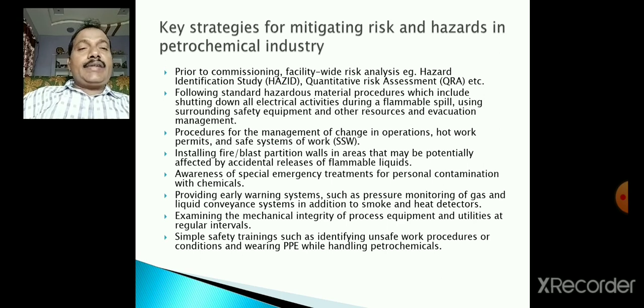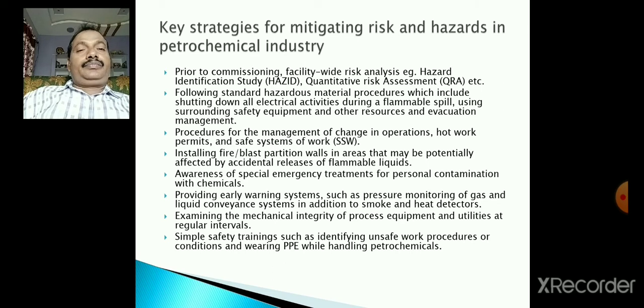Following standard hazardous material procedures, which include shutting down all electrical activities during a flammable spill, using surrounding safety equipment and other resources, and evacuation management.